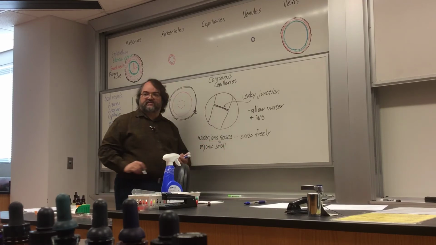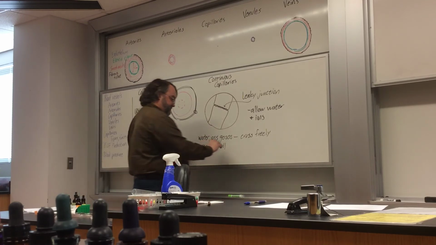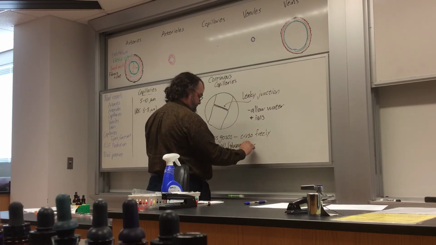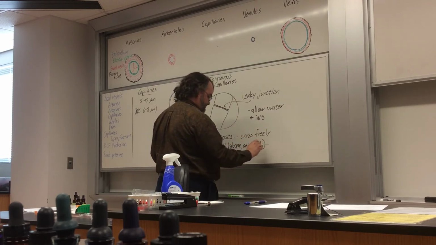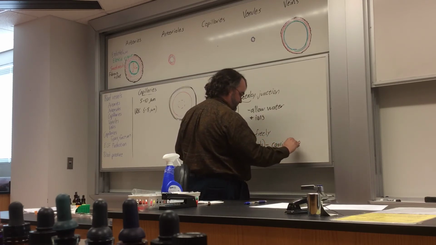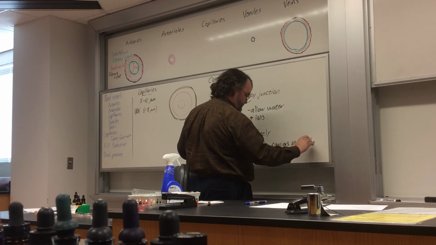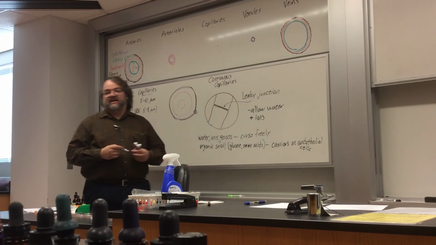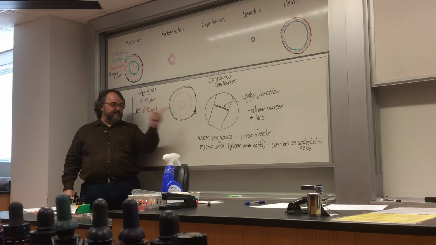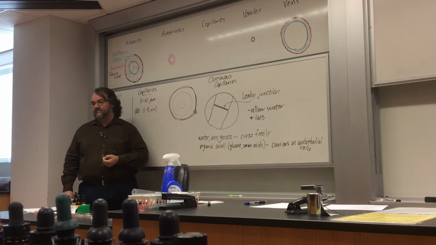Organic small molecules like glucose and amino acids, the endothelial cells can have carriers for those, so that they can pass through this wall if the cell has carriers on both the inner and outer membranes.